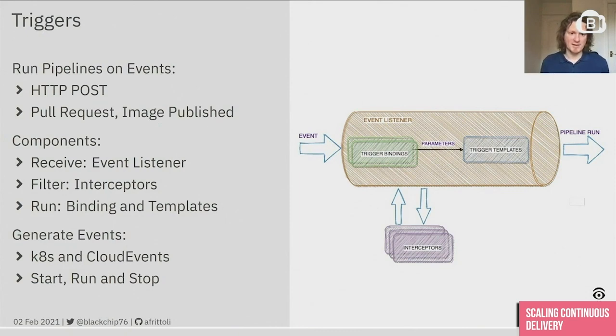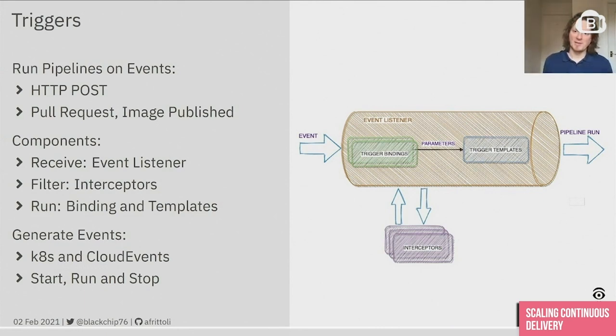And this event can then be filtered and validated through interceptors, and then data is extracted for binding, and resources, like pipeline runs or task runs, are created with templates. So this allows us to run the pipelines.